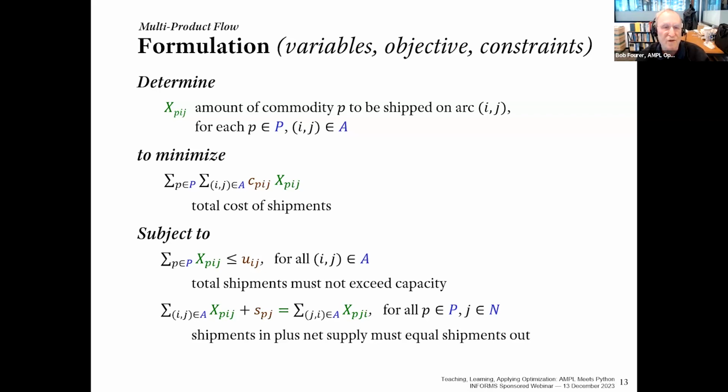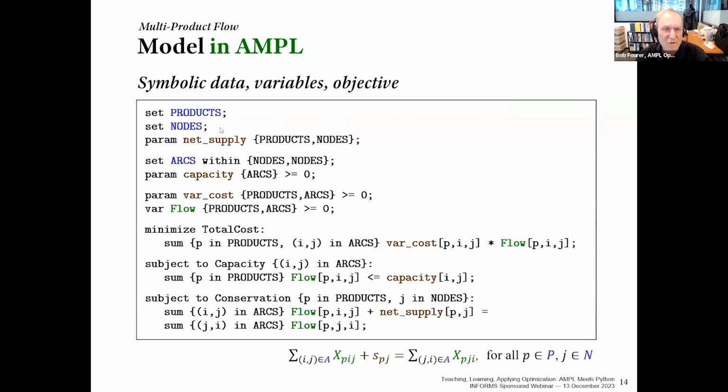So the whole thing can be written the same way in AMPL like this. And everything here corresponds directly to something I showed in the mathematical description. So you see the three sets, and you see the three kinds of data that are indexed over various combinations of sets. You see the one kind of variables that are indexed over products and arcs.